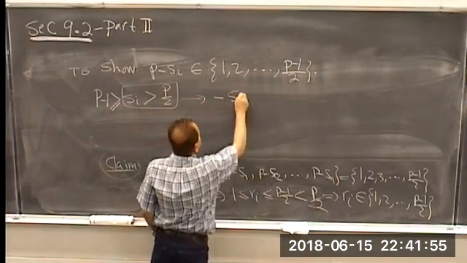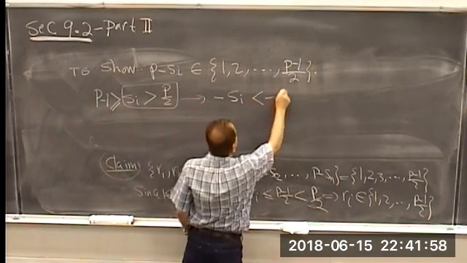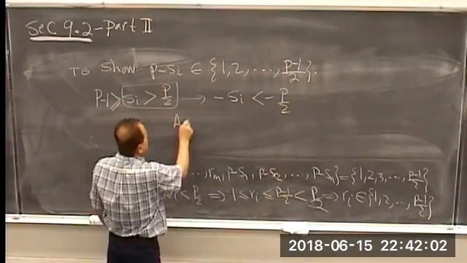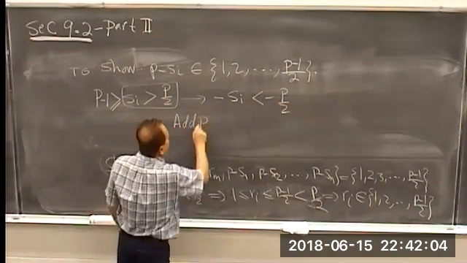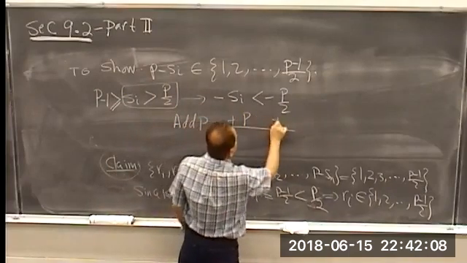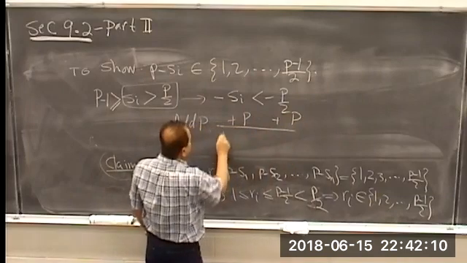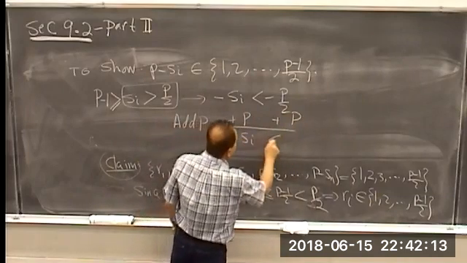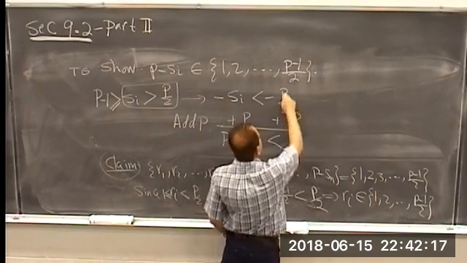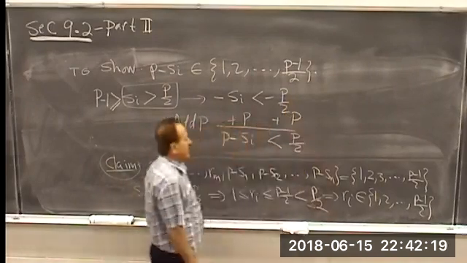So negative s sub i becomes less than negative p over 2. And let me add p to all sides of this. So we get here p minus s sub i less than p minus p over 2, which is p over 2.